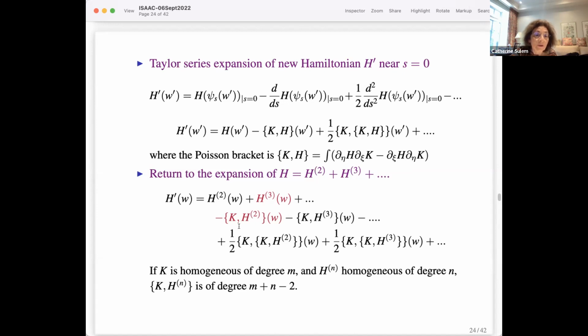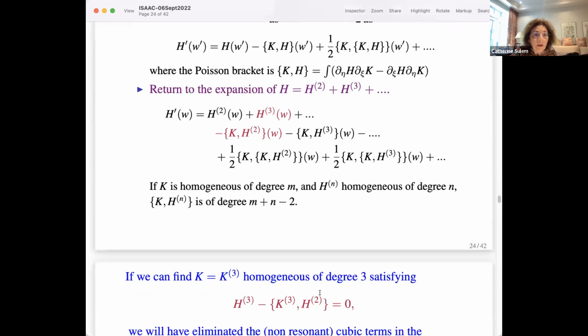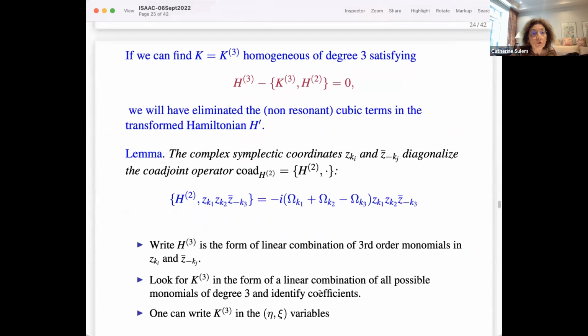And the goal here is to find this auxiliary Hamiltonian K that will make the red terms, the third order terms, disappear. So essentially we have to solve an equation in terms of operators: H3, being the third order term, the cubic term in the Hamiltonian, minus a Poisson bracket of this unknown Hamiltonian K against H2, which is the quadratic Hamiltonian, being 0.